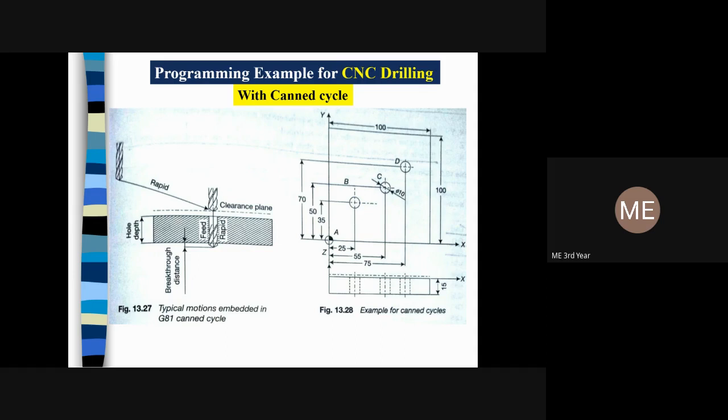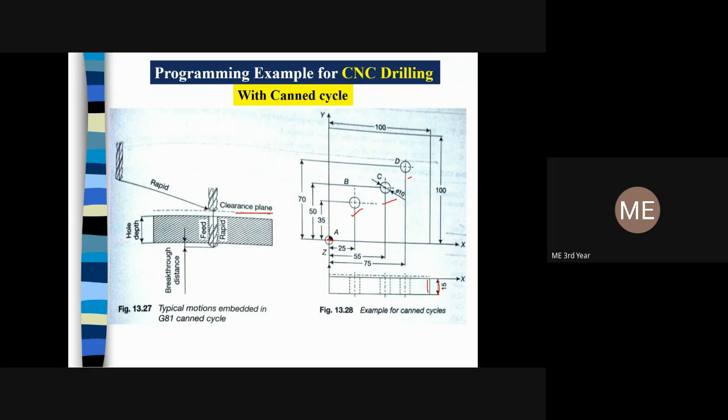So this is the reference plane or clearance plane, you can say. The dimensions are already mentioned here. These are the three positions where I want to make my drill holes. This is the initial position A. Then at B, C, and D I want to make holes with certain distances, and the thickness of the workpiece is 15 mm.